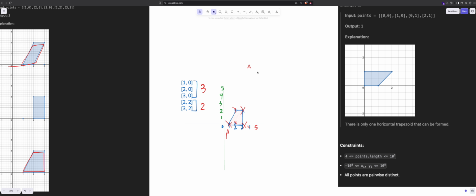Let's call it A, B, C, and D, and next will be E, since we only have 5 points. So this is A. Let's delete the ugly A. This is the A we got. We have a B, a C, a D, and an E.